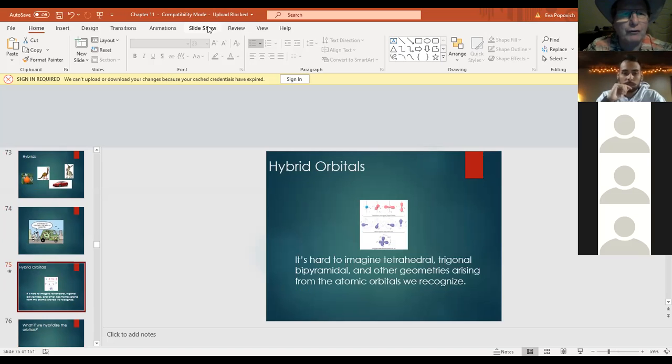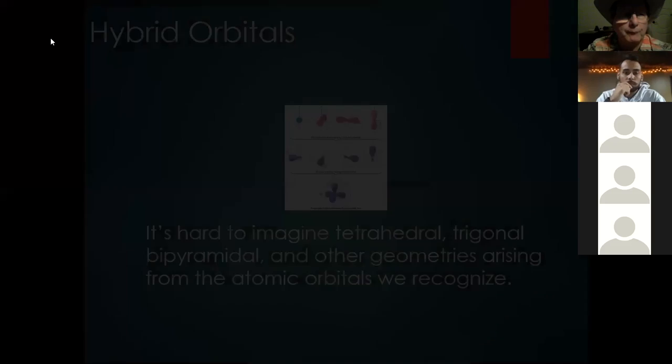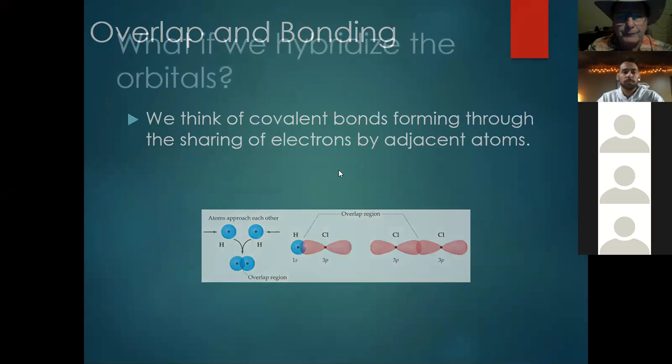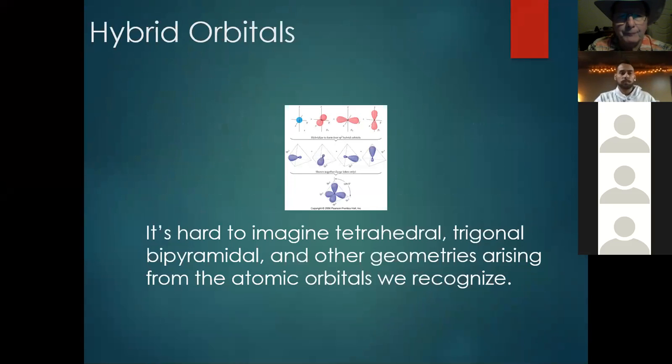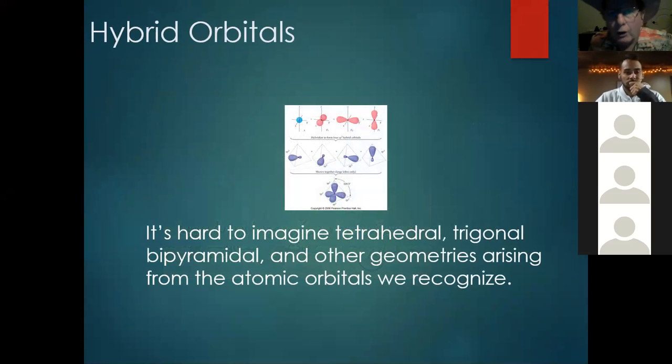So I'm going to change this to the slideshow because that slide's not showing up very well. What happens is we're going to hybridize an s orbital and a p.